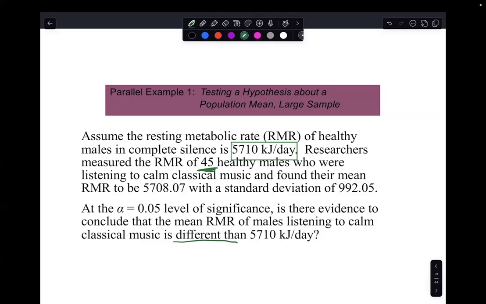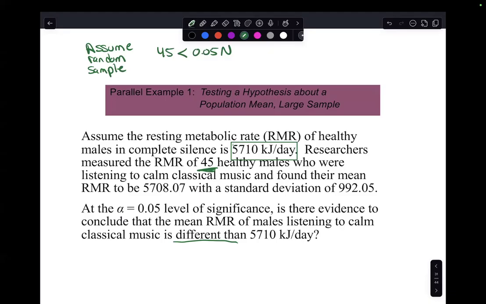So we are assuming that this is a random sample. Assume random sample. Okay, that's lovely. 45 is less than 5% of our population, obviously.